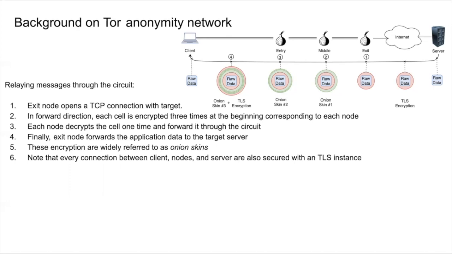And in the backward direction, each node adds a new onion skin to the cell and moves it through the circuit back to the client. In this work, we only focus on the backward direction. In the forward direction, the exit node should give the application data to the target server. And on the backward, the entry node gives the cell with multiple layers to the client.